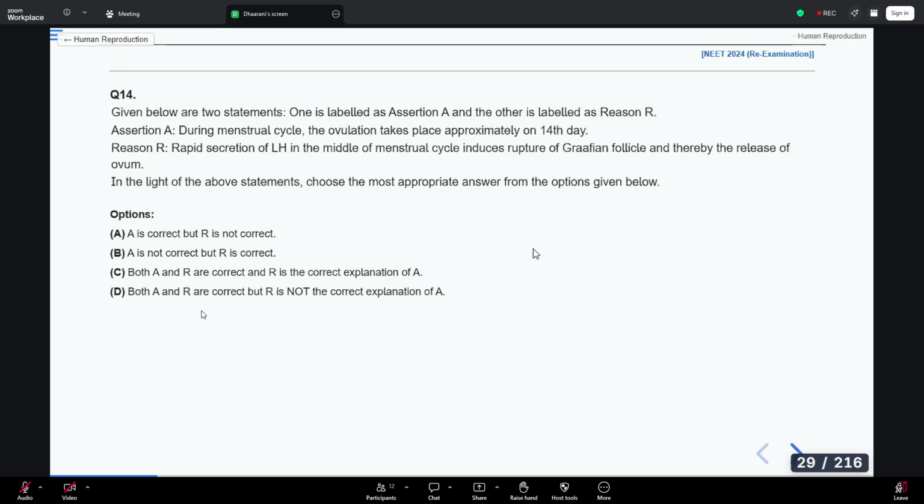Any formula given in your book, in your text? Okay, 14 is subtracted, but from what, you forgot? Okay, I'll tell you what that is. Any other guys? Do you have any idea about how you will calculate your ovulation day?